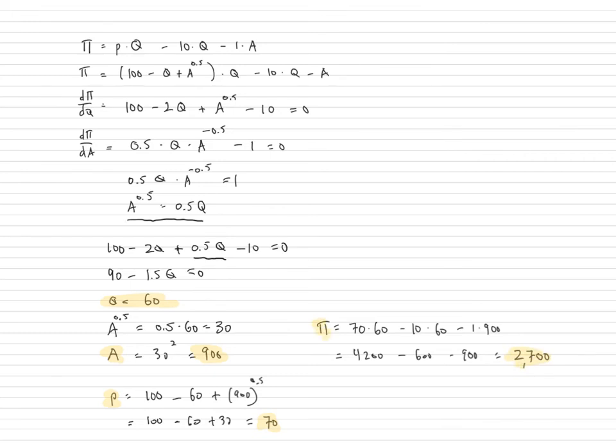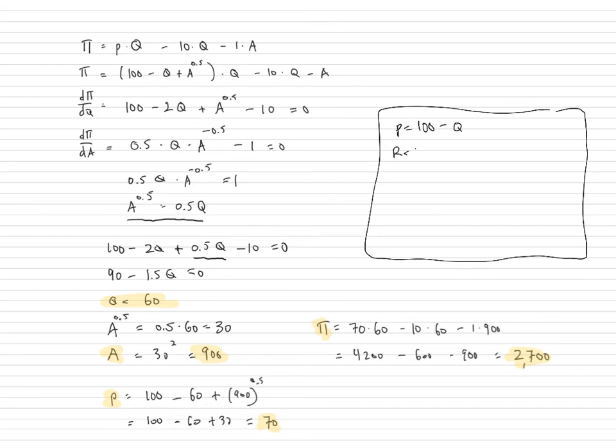That's really what I wanted to find. Let me just check for fun: what's the profit if we did not do any advertisement? Then our inverse demand function will be equal to 100 minus Q, and therefore revenue will be equal to 100Q minus Q squared.